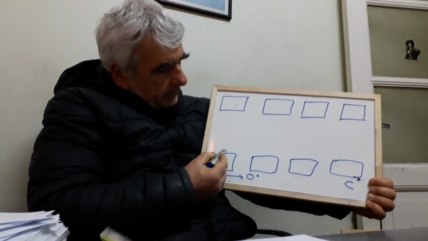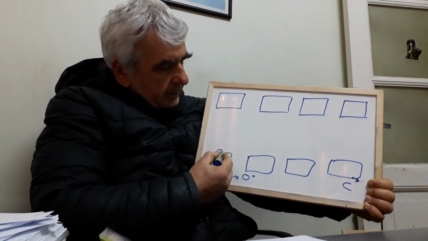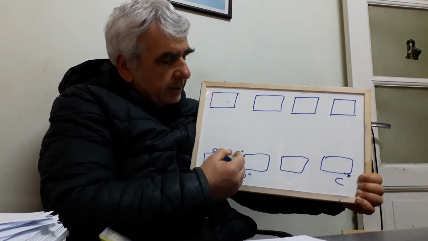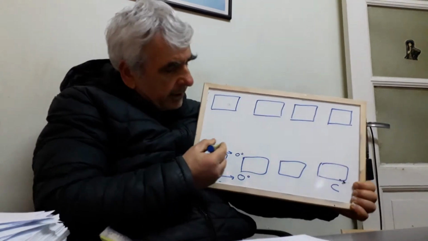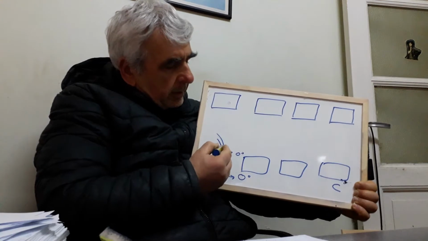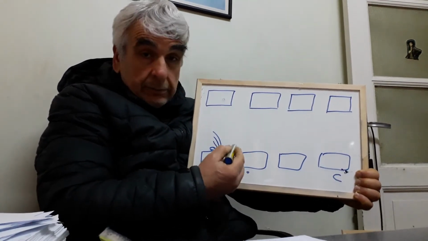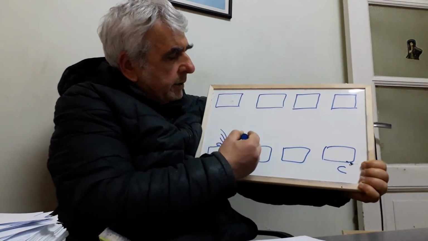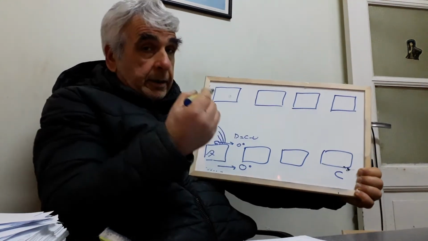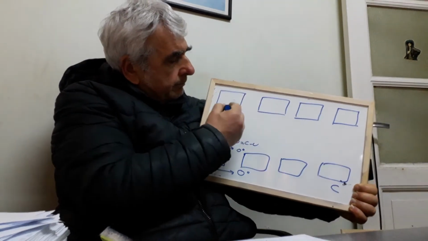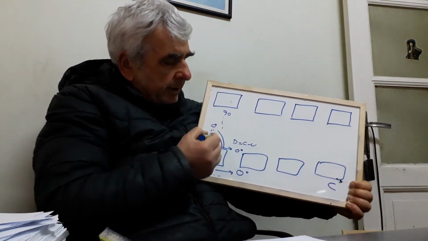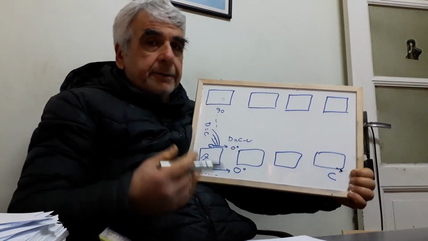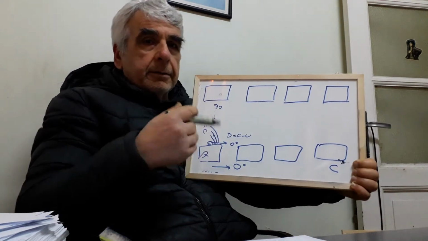Remember, when light goes from the source in the direction of 0 degree, in the direction of relocation, D will be equal to C minus V. And at 90 degree, it will always be D equals C. I will not tell you these again and again. Please have a look at my former videos.